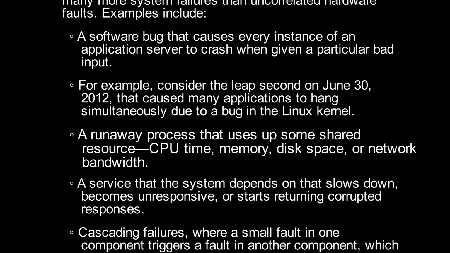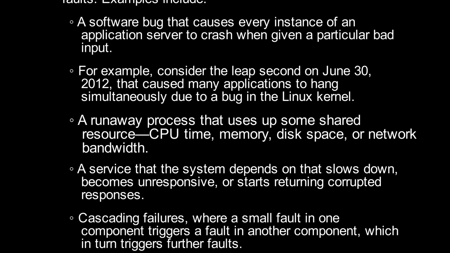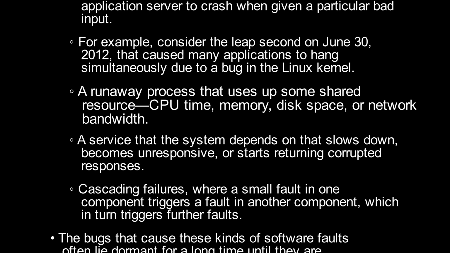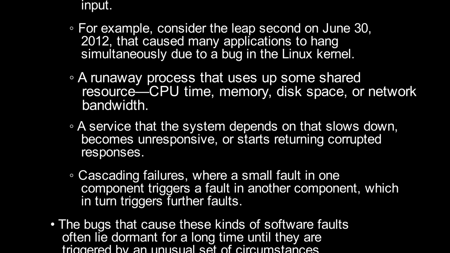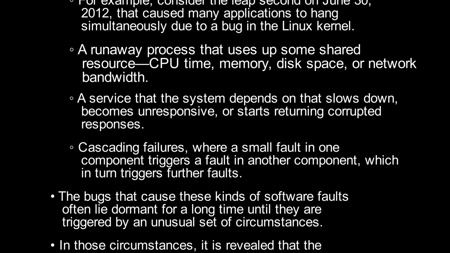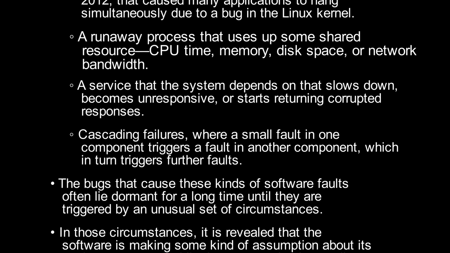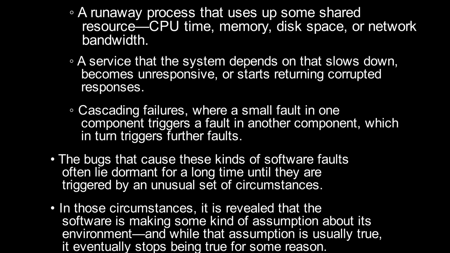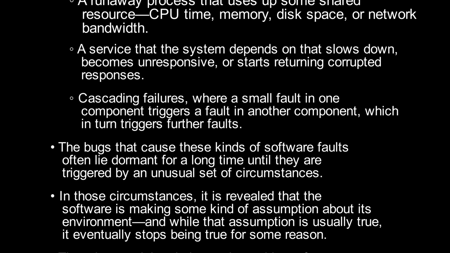A service that the system depends on that slows down, becomes unresponsive, or starts returning corrupted responses. Cascading failures, where a small fault in one component triggers a fault in another component, which in turn triggers further faults. The bugs that cause these kinds of software faults often lie dormant for a long time, until they are triggered by an unusual set of circumstances.